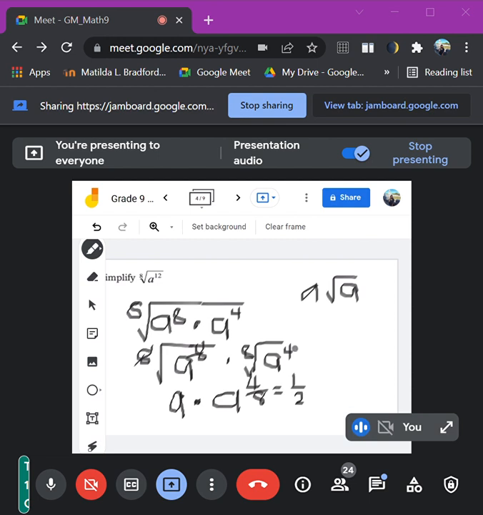If you want to find another way, class, pwede po itong magamit ang katong i-reduce ang index. So, which is, that is the last way. So, pwede mo siyang ma-reduce as square root of, and then fourth root of a raised to 4.